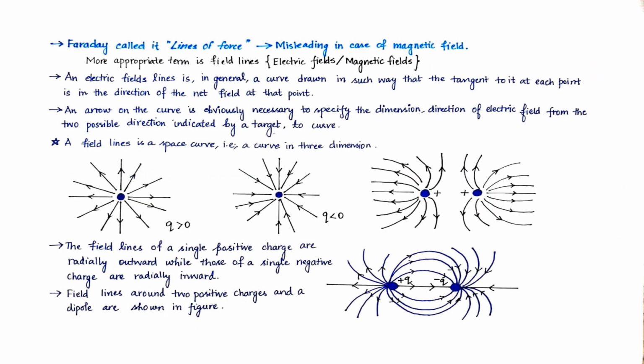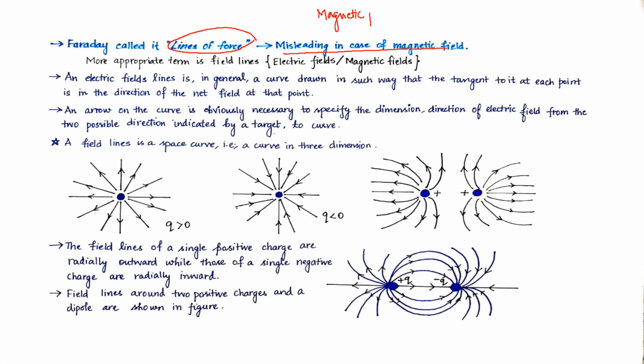Now Faraday, who gave us these fields, called them lines of force, but these lines of force were misleading in the case of the magnetic field. How do these lines of force mislead us? We will be reading magnetism in our 4th and 5th chapter, but still I'll give you one idea.